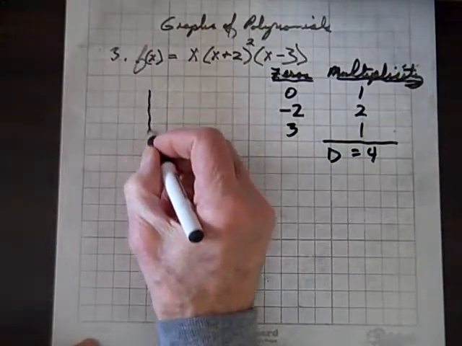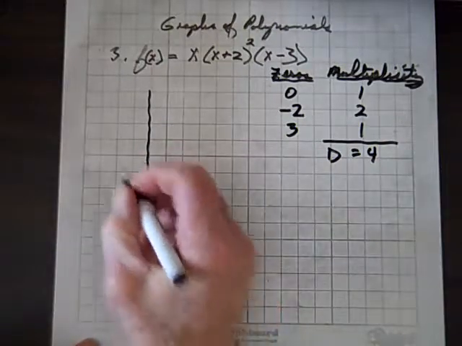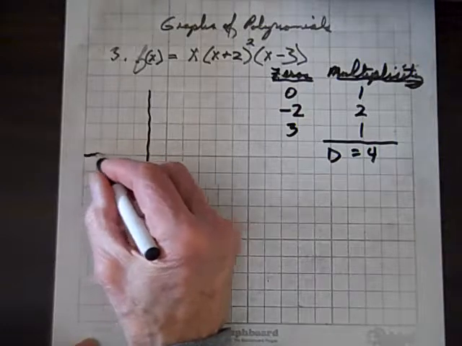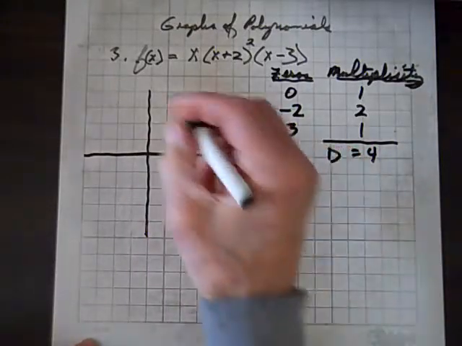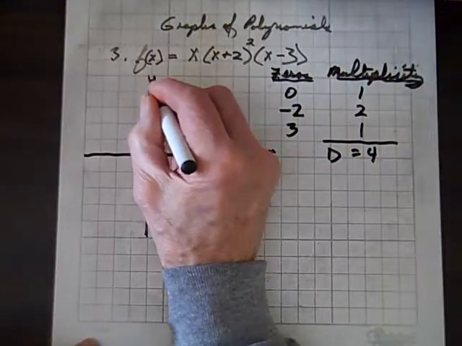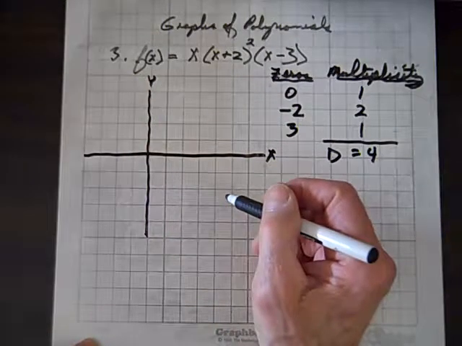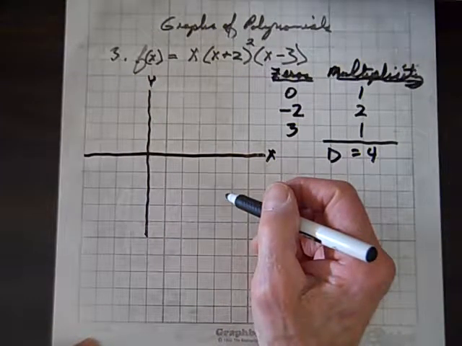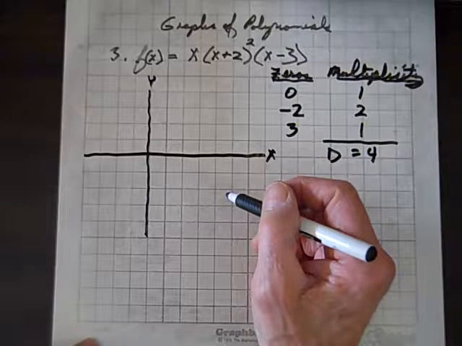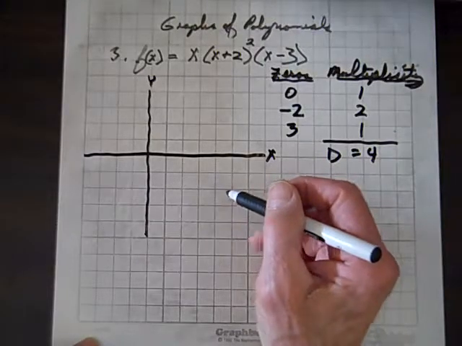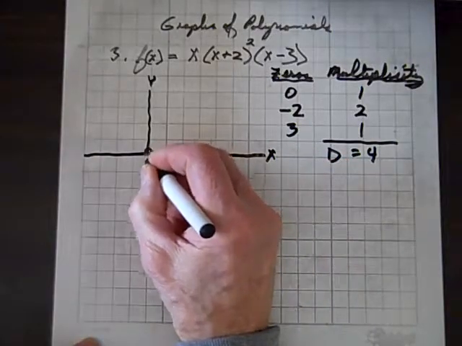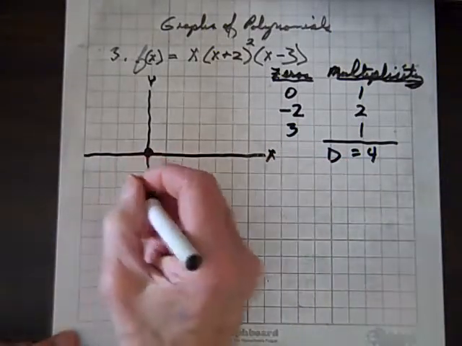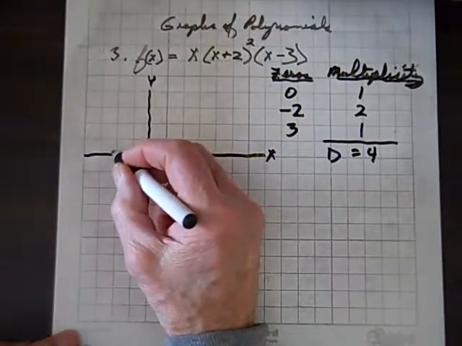This is just an approximate graph based on the zeros, and I think we can find the y-intercept also. So anyhow, we're going to have a 0 at 0. We're going to have one at negative 2.